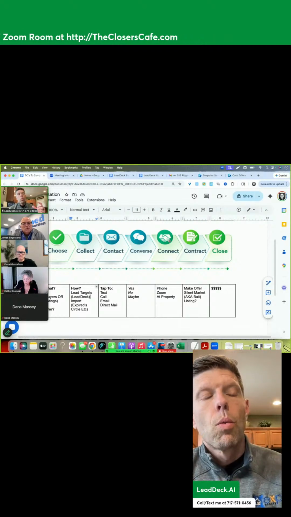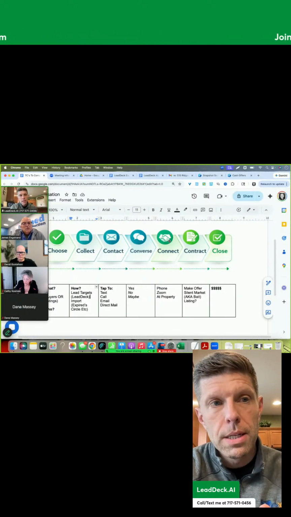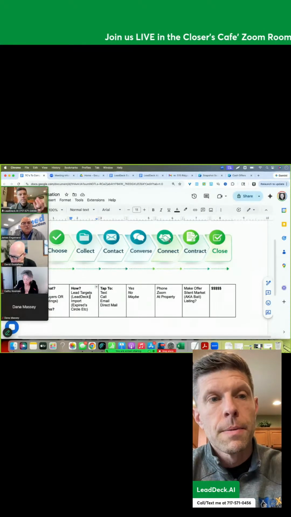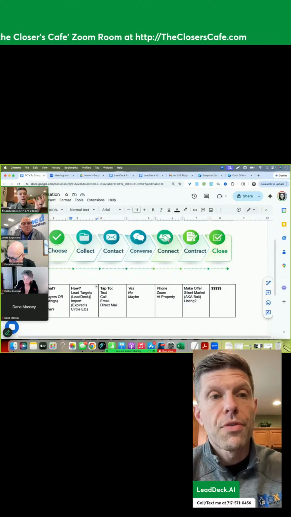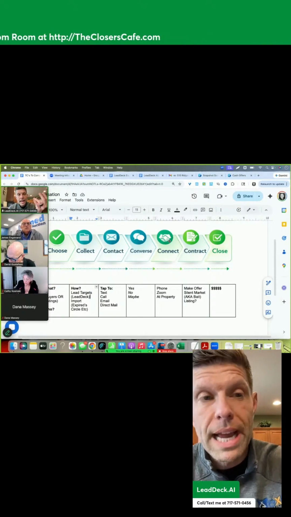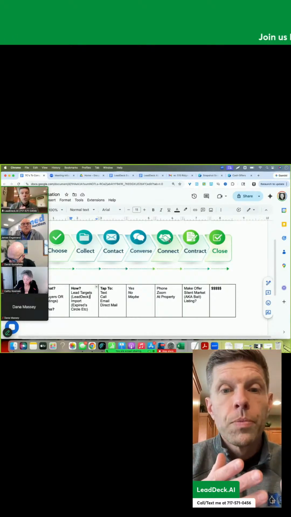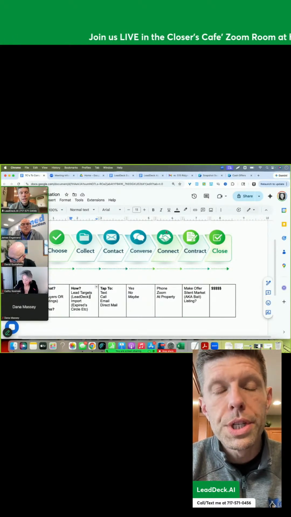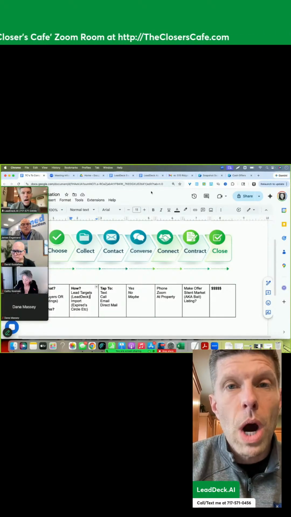Because what and how I propose we proceed is going to differ greatly if it's vacant, if it's turnkey, if it needs work, if they're trading up, if they're trading down, if they're relocating out of the area. So we're using this flow to give us a legitimate reason why.